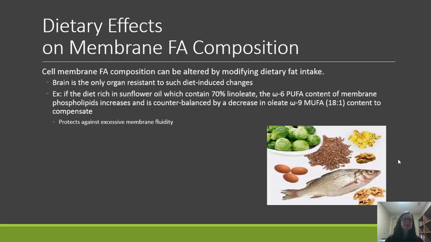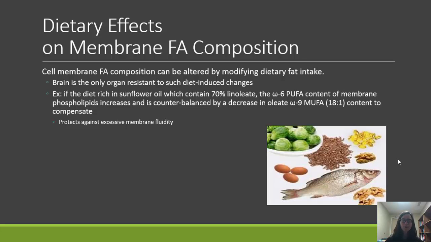Okay, so the cell membrane fatty acid composition can be altered by modifying dietary intake, just like we've talked about. So the fatty acid composition of most membranes adapts to some extent to the type of fat that is available in the diet. And the only organ that's resistant to such diet-induced changes is the brain. So other than the brain, if we have a diet that's rich in sunflower oil, which is 70% linoleate, then this omega-6 PUFA content in the membrane phospholipids will increase, okay?